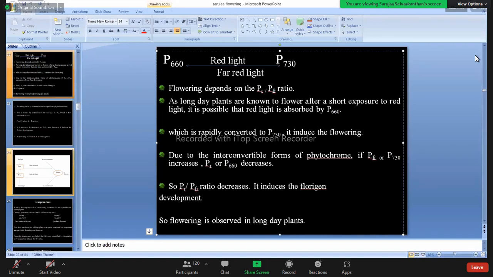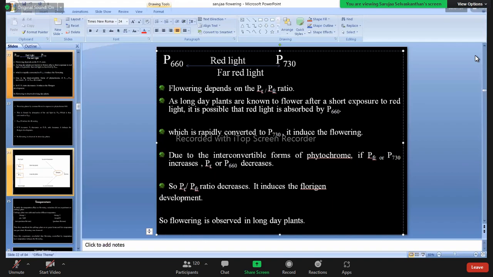Okay, here we can see the absorbed light, right? In short days, the light is there, right? Which means during the long day period, the far red light is absorbed by the P730.